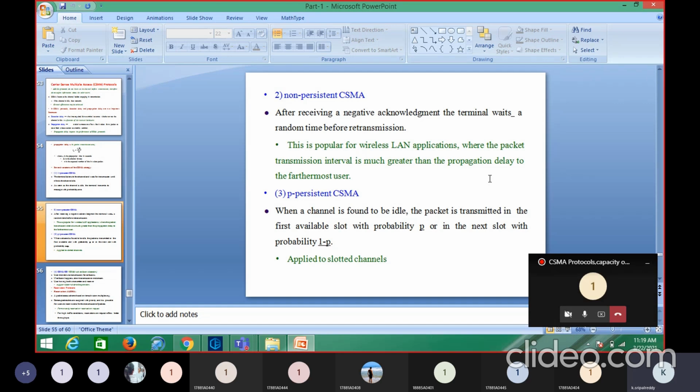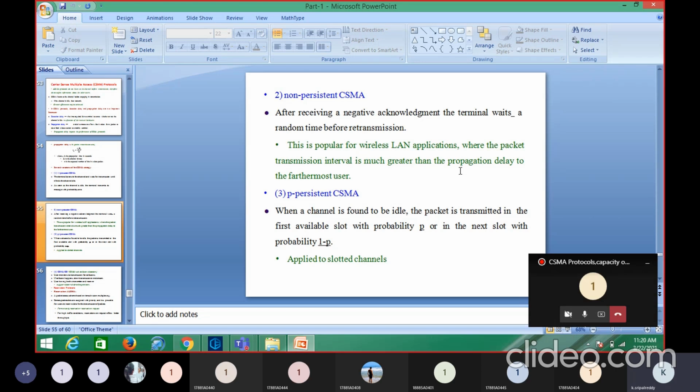Non-persistent CSMA is suited for wireless LAN applications, where the transmission interval is much greater than the propagation delay. So it will check for the acknowledgement.